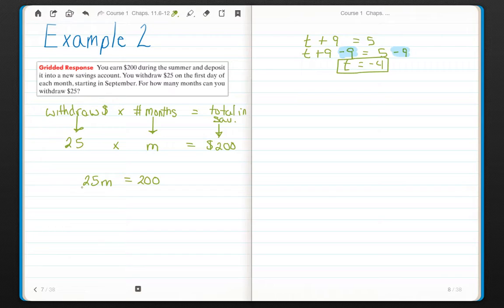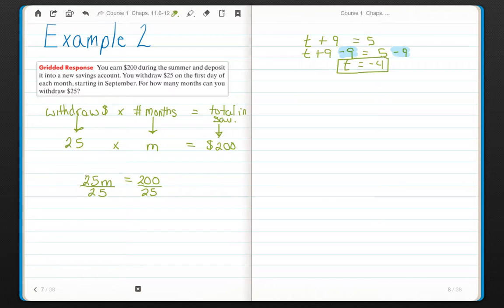Well, 25 times M. I want to undo this, and I undo it using division. So you can do it two ways. You can use the division sign like this. However, the more common way is to use a fraction line, because a fraction also means division. So I'm going to use a fraction line and divide both sides by 25.